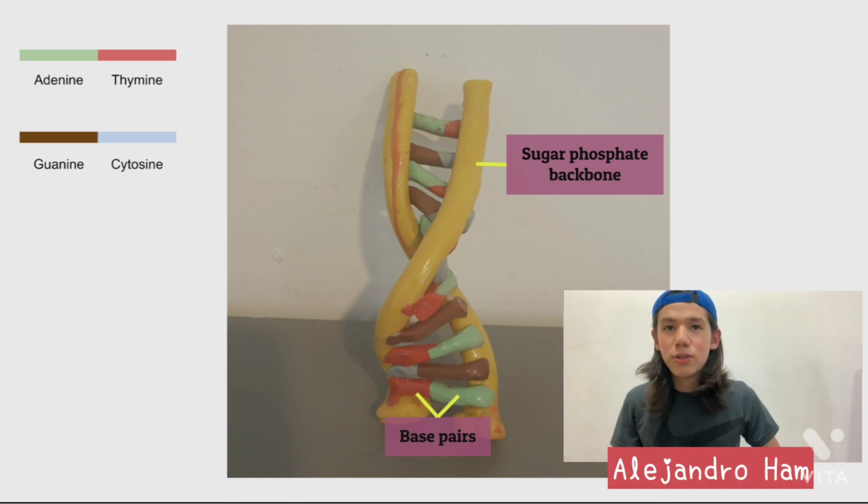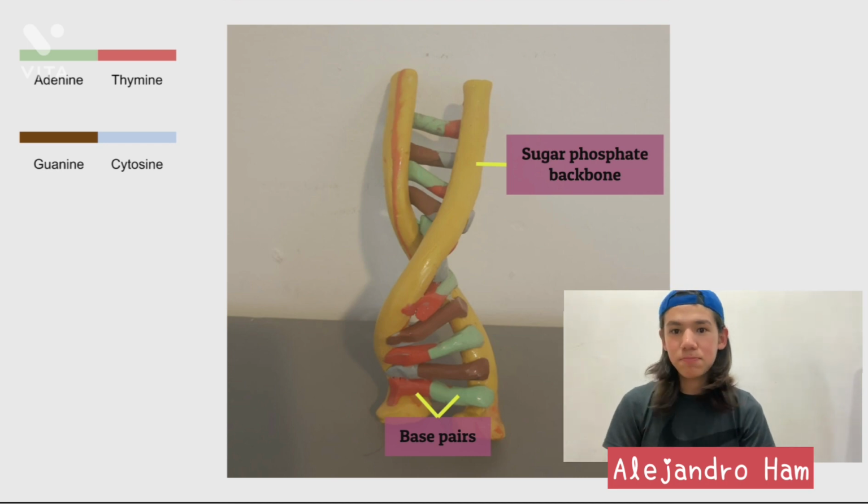Now, nucleic acids. A nucleic acid is an important class of macromolecule which is found in all cells and viruses. The functions of the nucleic acids have to do with the storage and expression of the genetic information.